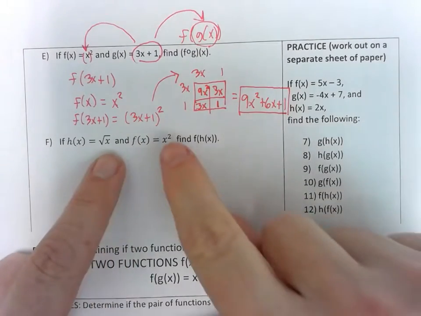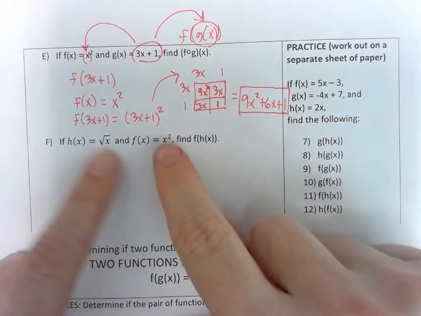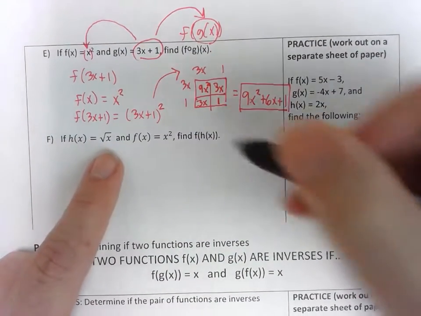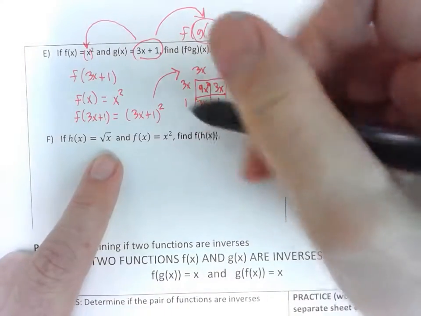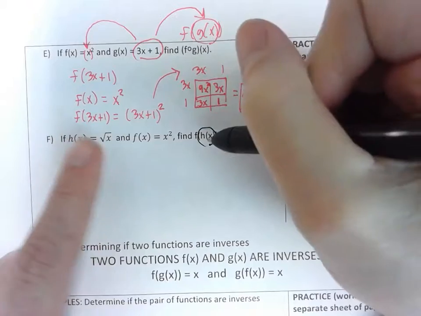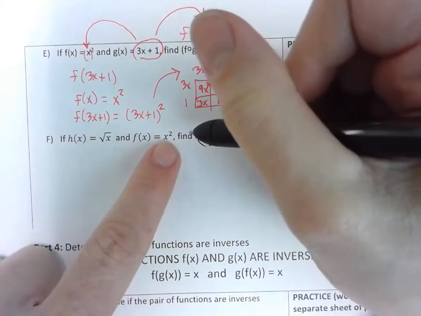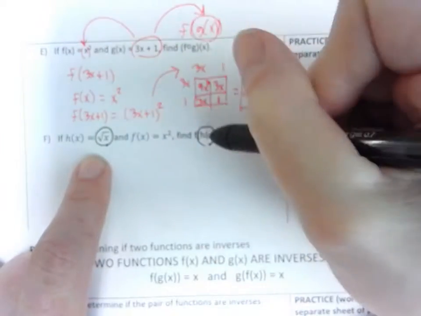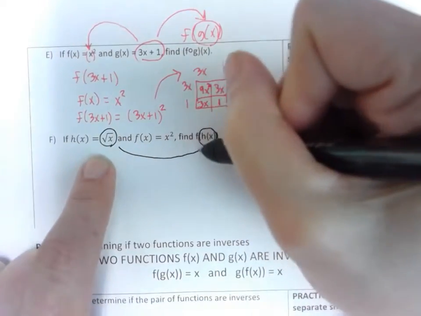And finally, the last two we want to find, in this case, are the square root of x and x squared. f of h of x is going to mean that I'm going to plug h of x in for the x of f. So since h of x is the square root of x, that's going to substitute in here.